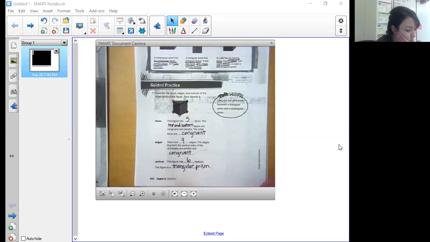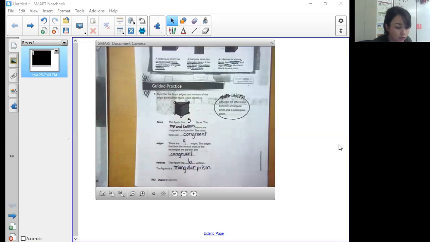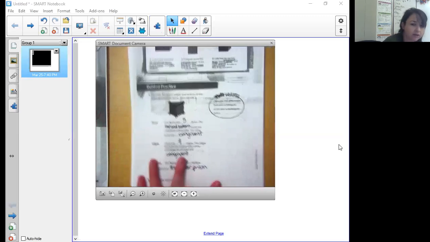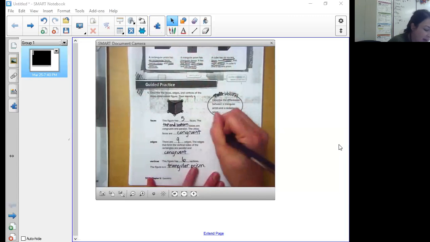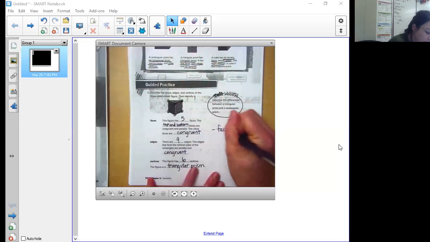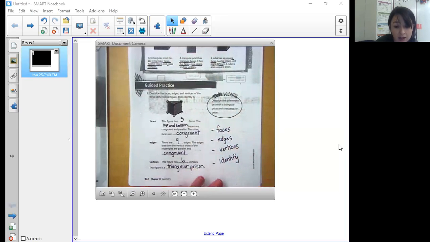Okay, you guys. So this is what it's asking you to do on your work today. As you move on, I need you to describe this the same way. When it says describe the faces, edges, and vertices, you need to tell me how many faces, how many edges, how many vertices, and then you're also going to be asked to identify what type of 3D shape it is.